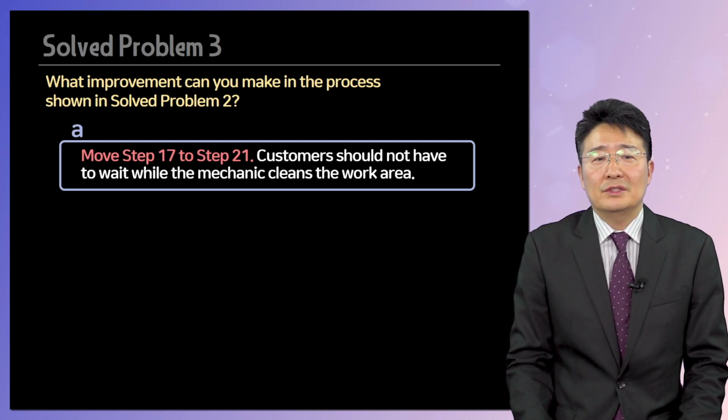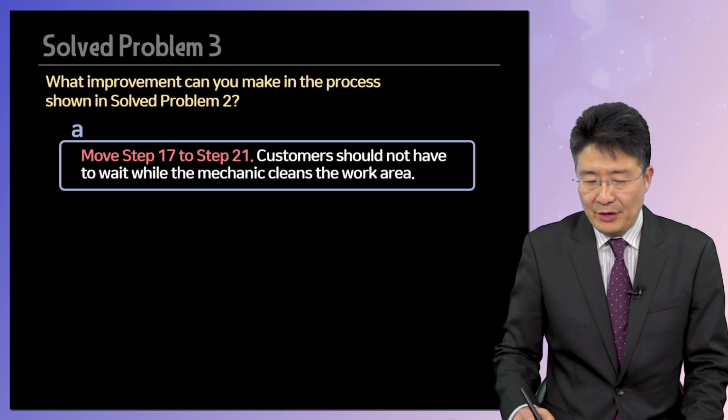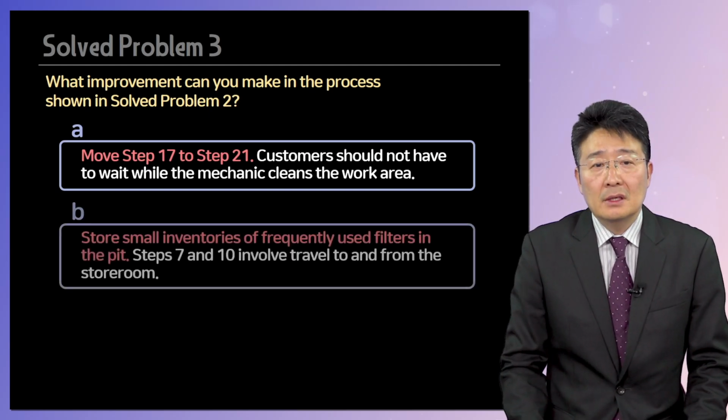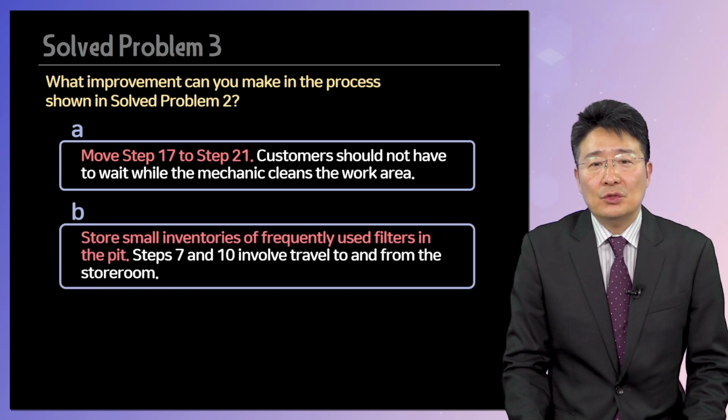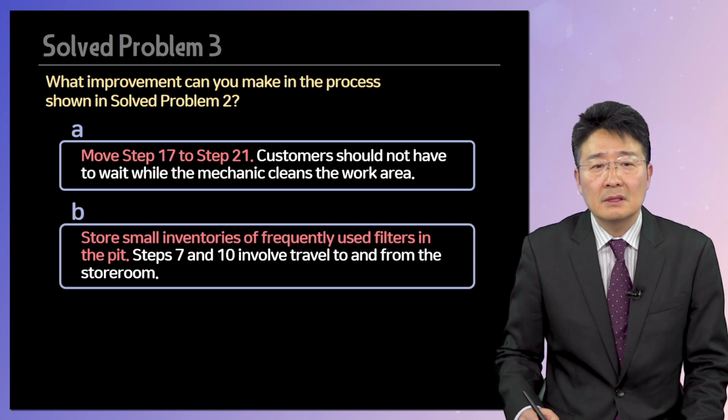Customers should not have to wait while the mechanic cleans the work area. Store small inventories of frequently used filters in the pit. Steps 7 and 10 involve travel to and from the storeroom. This is the second improvement.